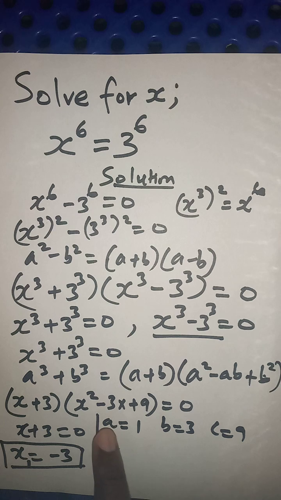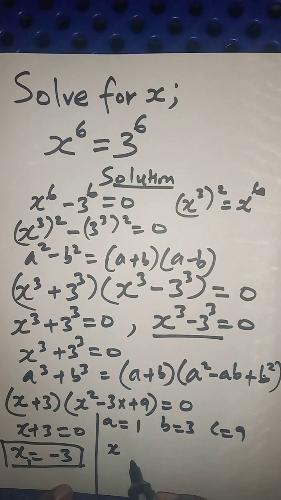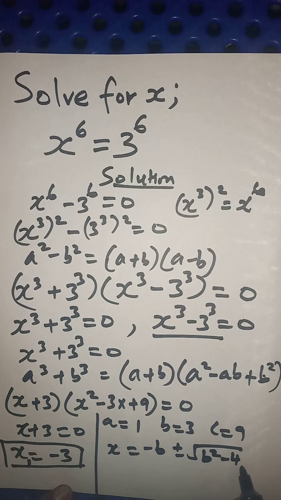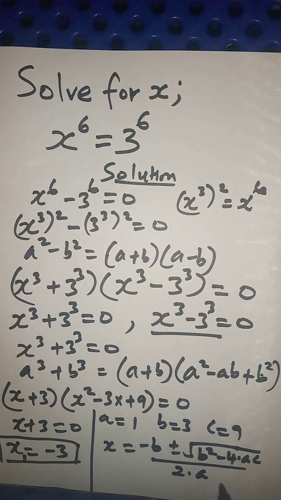Substituting these values in my quadratic equation, which says x is equal to negative b plus or minus the square root of b squared minus 4 multiplied by a multiplied by c, everything over 2 multiplied by a.